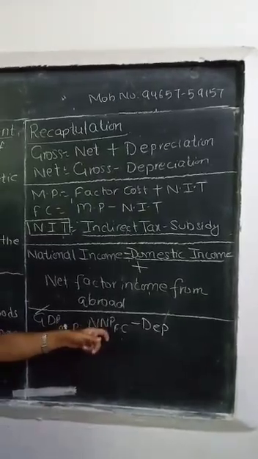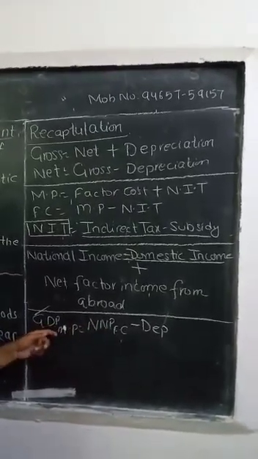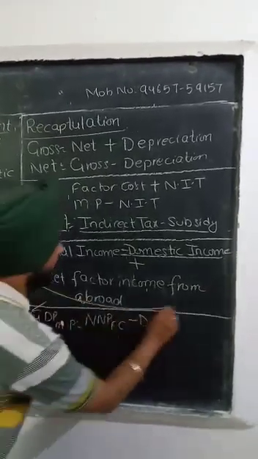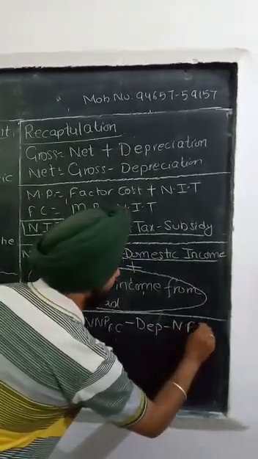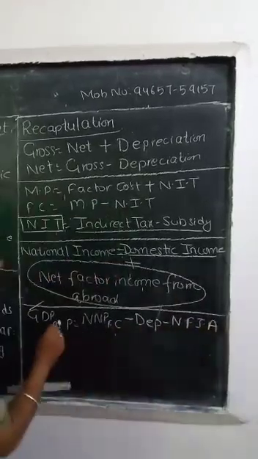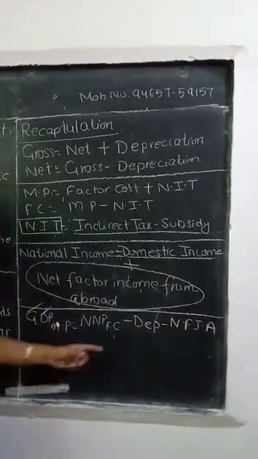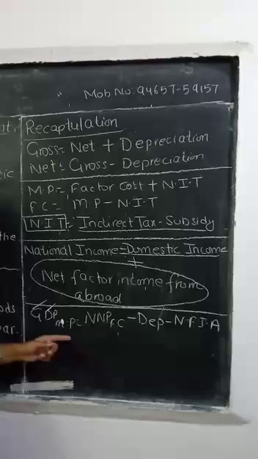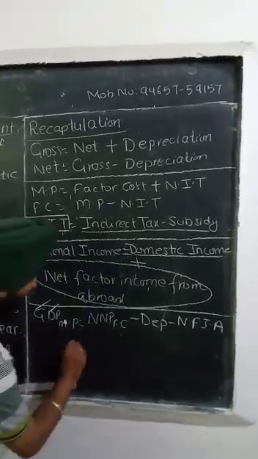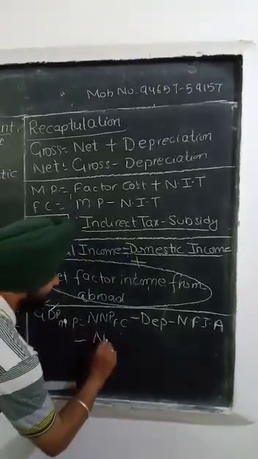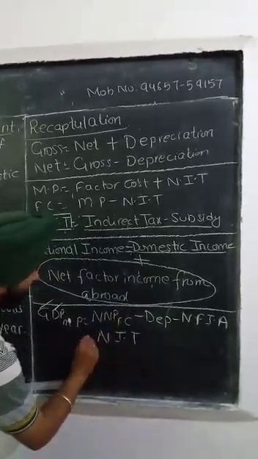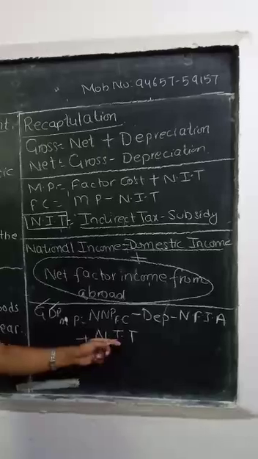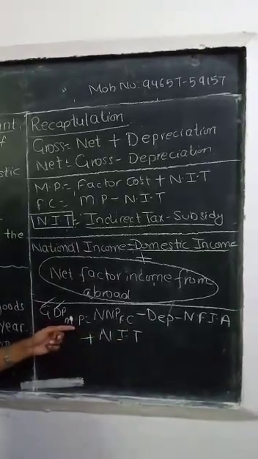The only difference between national income and domestic income is net factor income from abroad, so minus net factor income from abroad and we will reach domestic. Here it is at factor cost and here it is at market price, so add net indirect taxes to factor cost, and you will get market price.